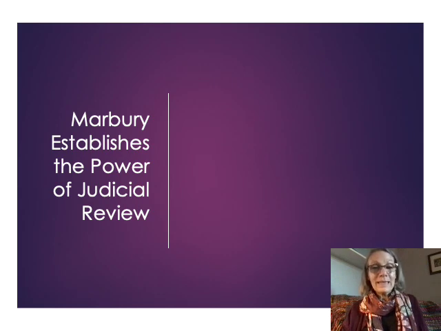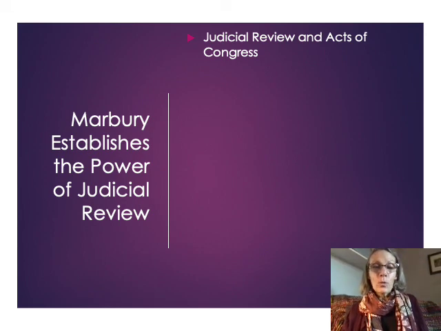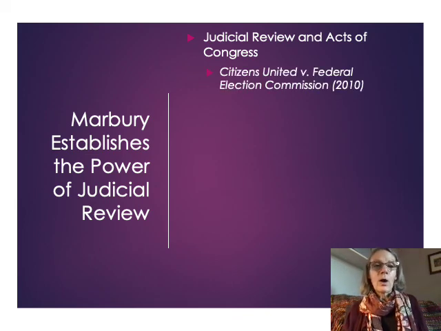Let's look at a couple examples of how that power has been exercised, some contemporary examples. One way that the Supreme Court exercises judicial review is by looking at acts of Congress, federal law, and deciding whether or not those federal laws are constitutional. Congress passed this law called the McCain-Feingold Bill.